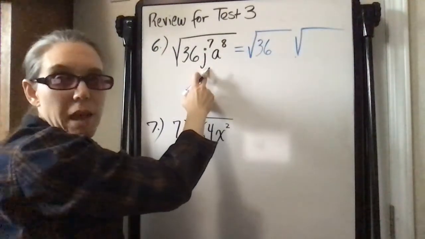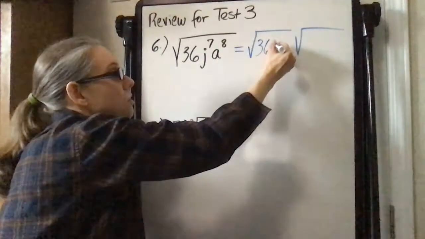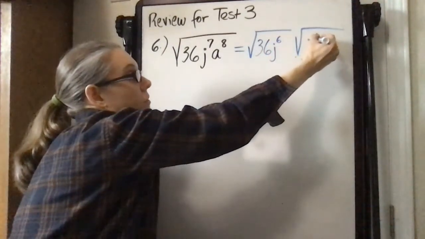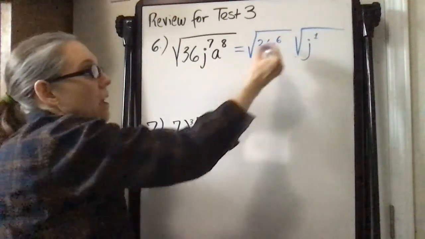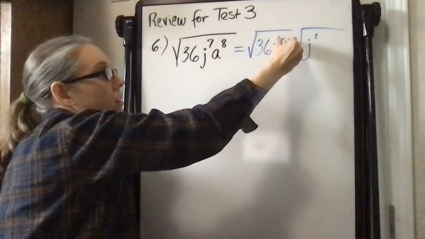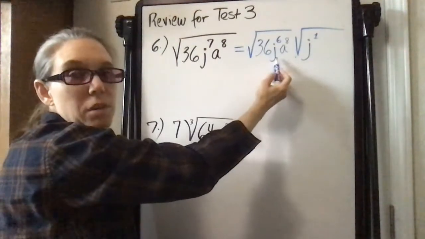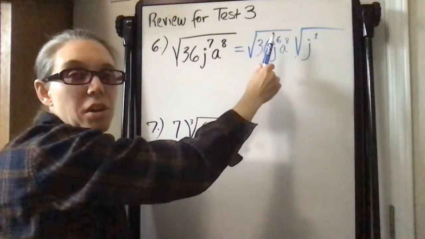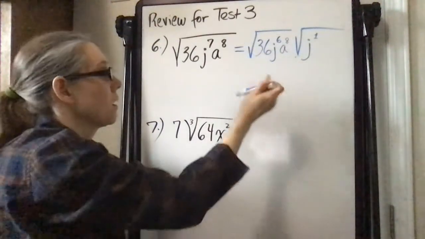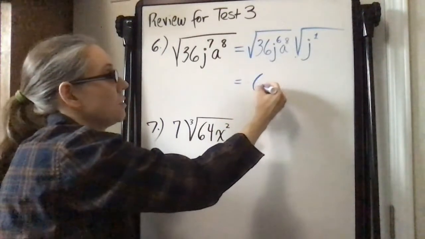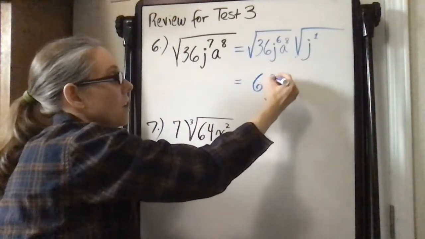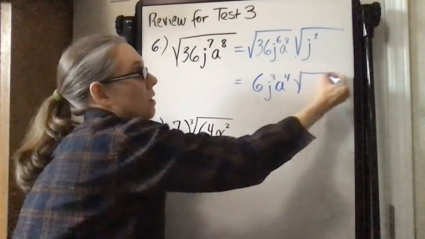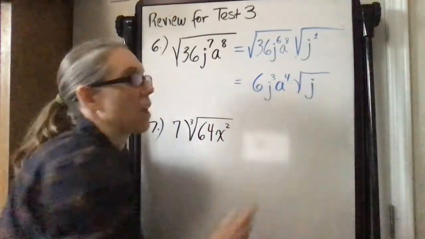j to the 7th power splits into j to the 6th times j to the 1st. And a to the 8th is already a perfect square. In order for an exponent to make a variable a perfect square, the exponent only needs to be even. So this simplifies to 6j cubed a to the 4th times the square root of j.